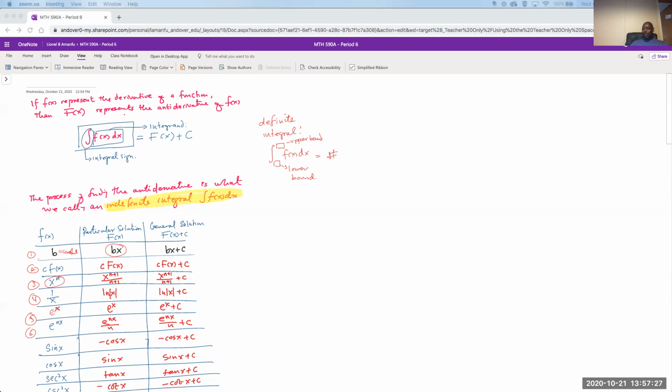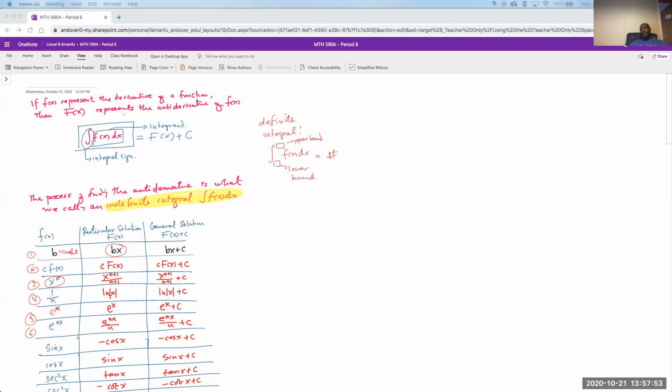Hopefully the video you watched the day before today explained better why we need to use the absolute value. All right. And then e to the x is still e to the x, but if it's e to the nx, then you can clearly see that its antiderivative has to be e to the nx all over what? All over n. And then we enter into the world of trig.